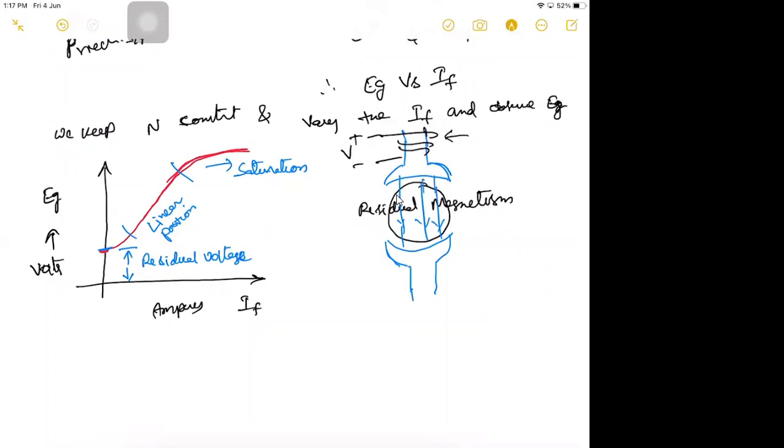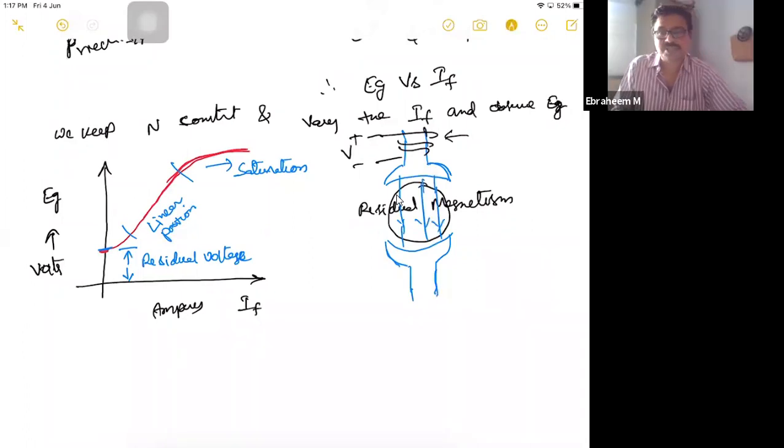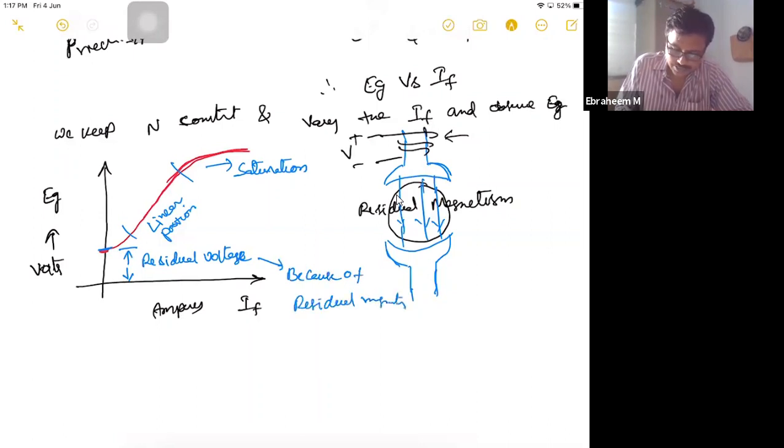So even though the current supplied to the field winding is zero, because of this residual magnetism, and since the armature is rotated in this very small amount of flux, a small amount of voltage is induced. That voltage is what is shown in this graph, the residual voltage. It is because of the residual magnetism present in the poles. Okay, clear?